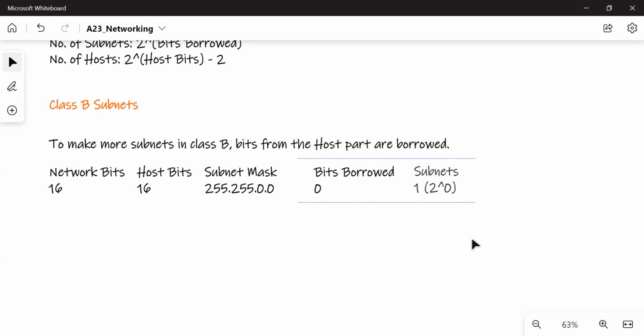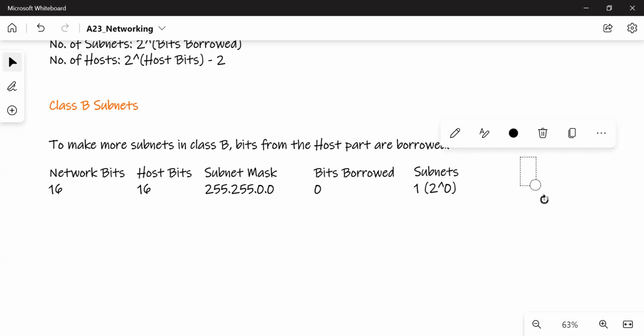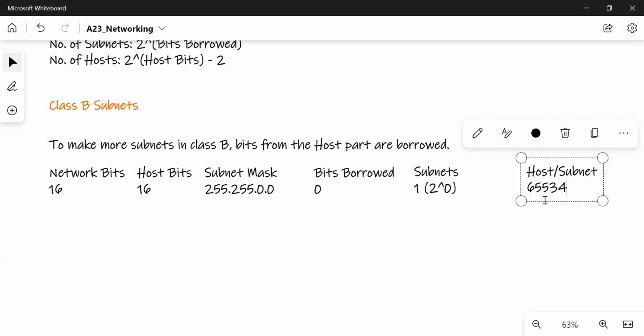Then the number of hosts per subnet. Initially, you have 2 to the power 16, that means 65,536 minus 2, you have 65,534. Simply the number is 2 to the power 16 minus 2.